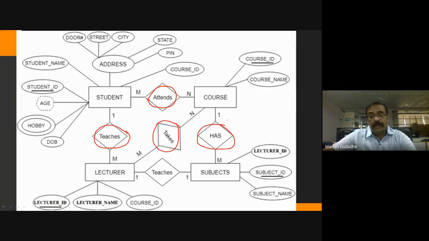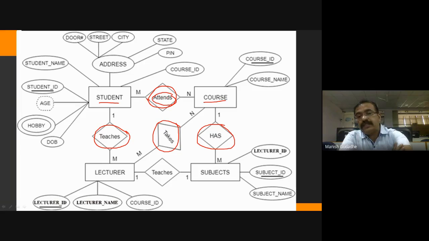What will be the attributes it has? It will have the primary key of both participating entities as the attributes. Means if student and course are participating in this relationship, attendance is going to have by default the primary key of student and the primary key of course as its attributes. So course ID and student ID will be the default attributes of attendance.